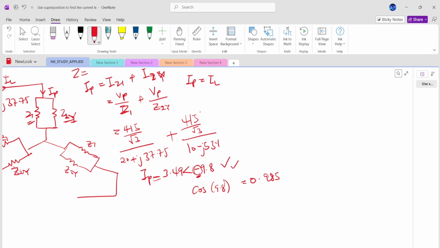If it's a positive value, then it's leading. If it's a negative value, then it's lagging. So in this case, it's 0.985 lagging. Is that okay?